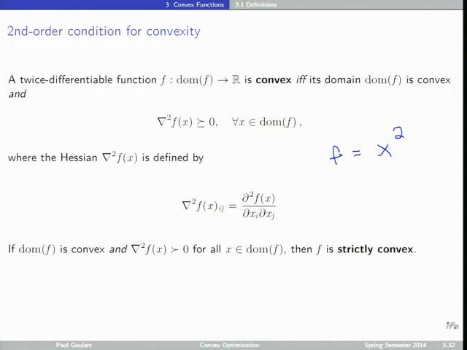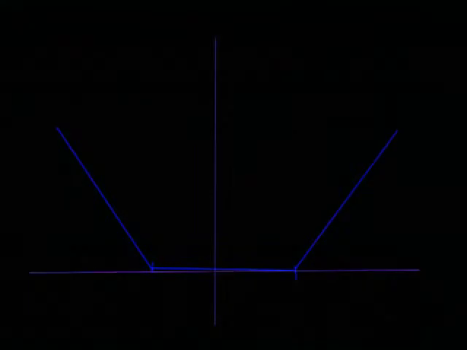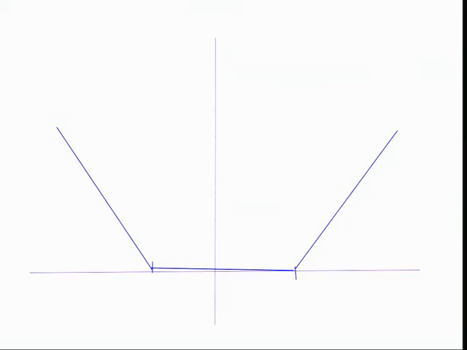Now, this is not to say that the function has to be differentiable to be convex, because if I go back to this figure, this function is not differentiable, but it's a convex function. It has no derivative at these two points here and here. But it still satisfies the first definition of convexity. And why should we have different definitions?